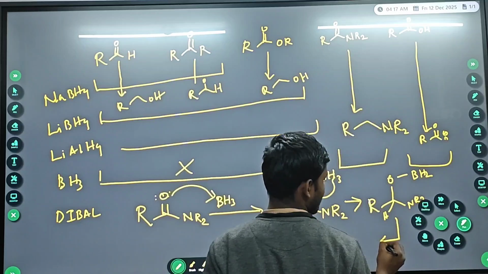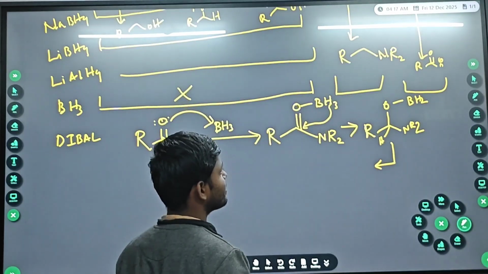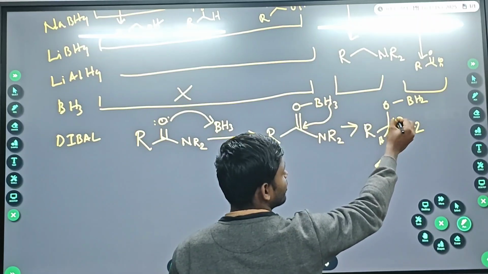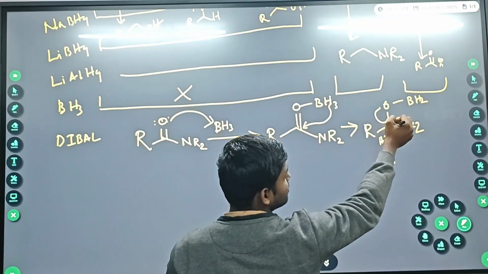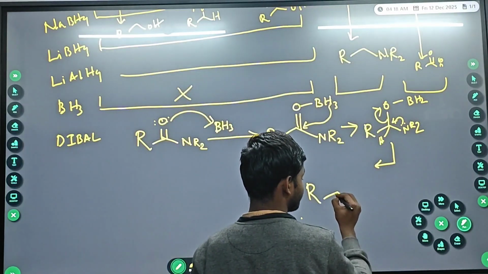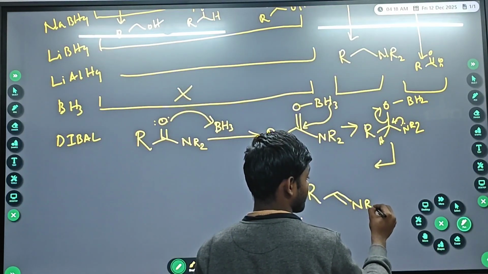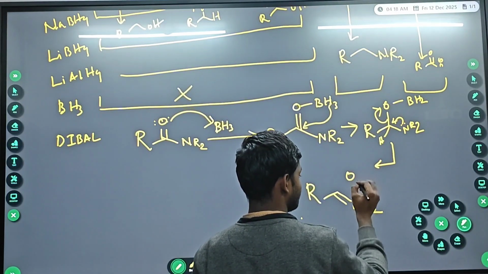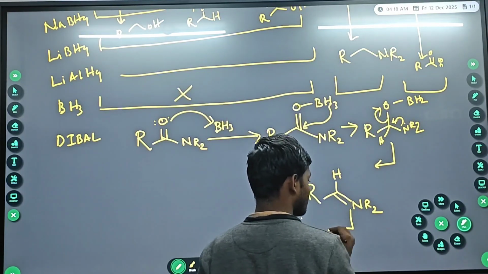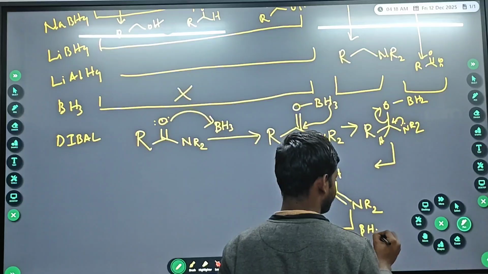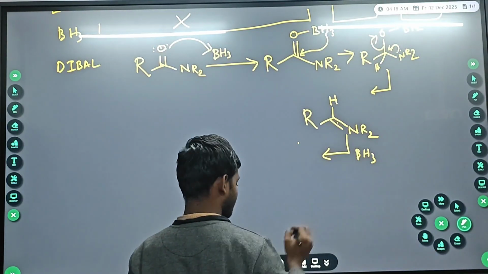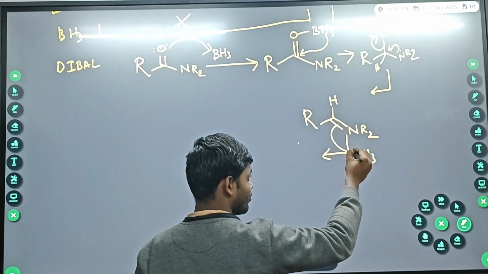As we saw in the previous case also, now the nitrogen electron pair will push onto this bond. Now the boron was there, so the double bond electrons are attracted to the boron.